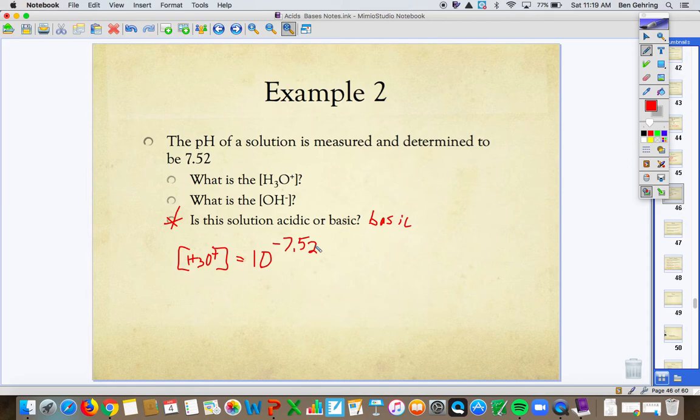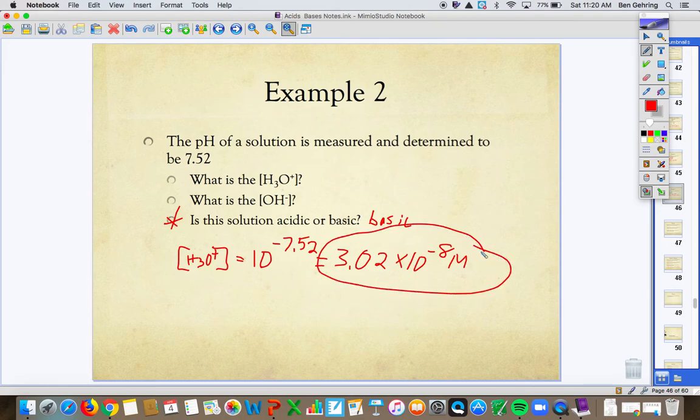And you should get an answer of 3.02 times 10 to the minus 8. That would be my hydronium concentration.